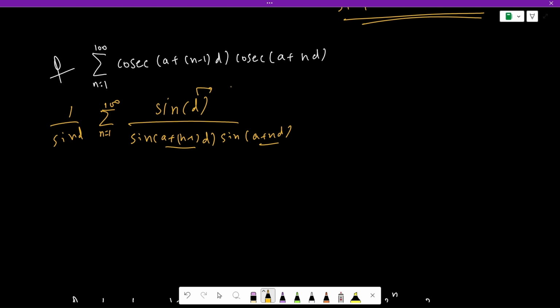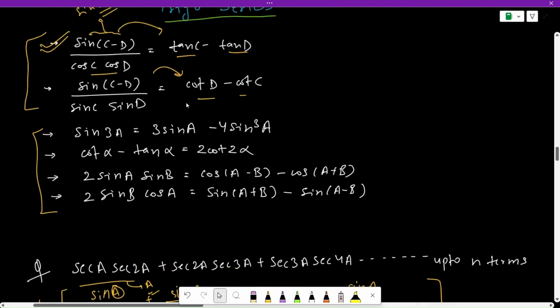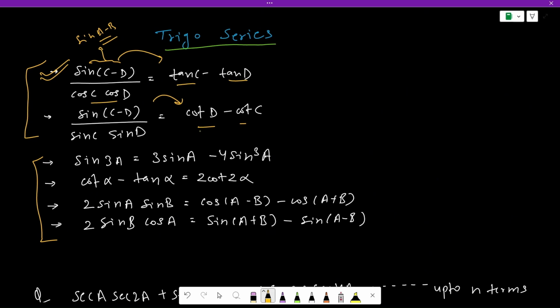Now this can be written as (a plus nd) minus (a plus (n minus 1)d), and then we will just break them in tan terms. Sorry, not in tan, here it will become cot, right?